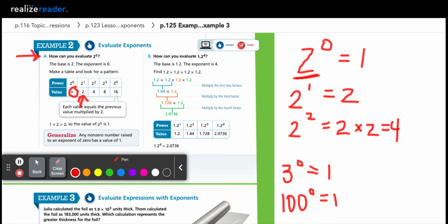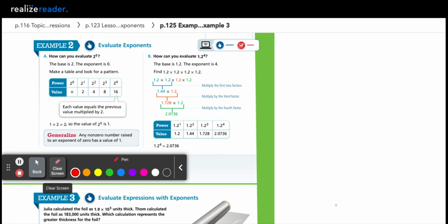And then the last thing I just wanted to point out in part B over here of example 2 says we're going to also be evaluating expressions with decimals. So 1 and 2/10 to the 4th power. I'll write this in your notebook. Well, we're going to expand this expression the same way.